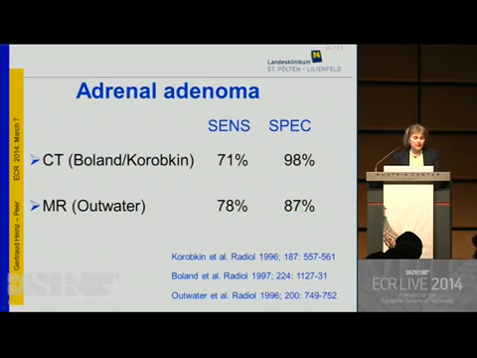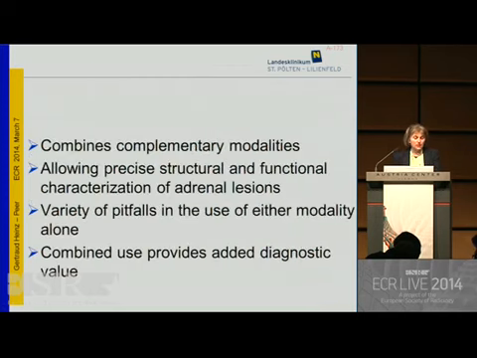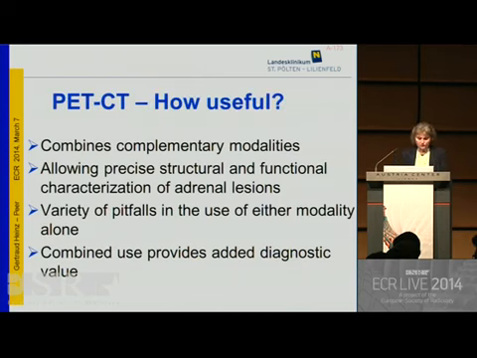And nowadays there are additional techniques we can use, and this is the PET-CT. How useful is PET-CT? PET-CT combines complementary modalities which allow a precise structural and functional characterization of adrenal lesions.